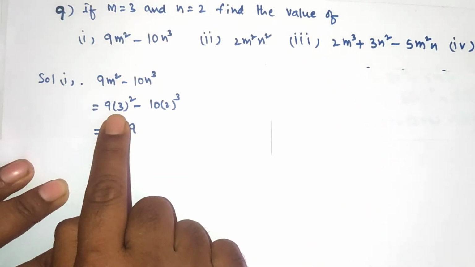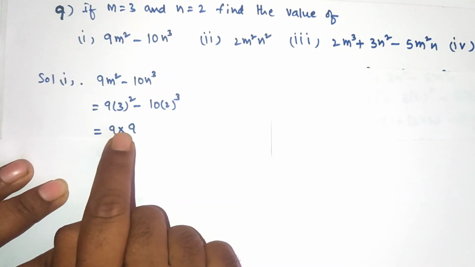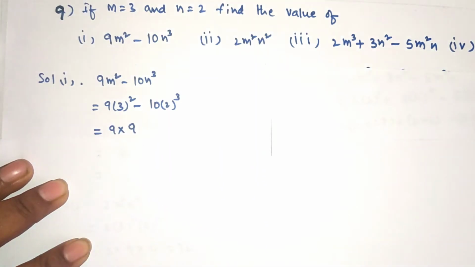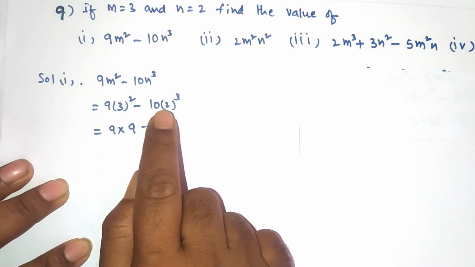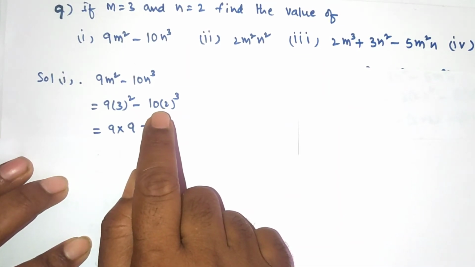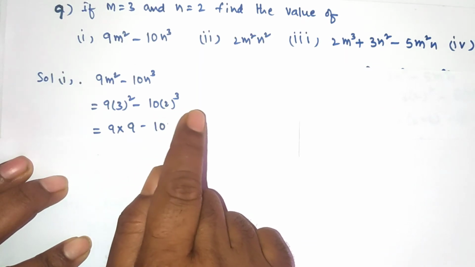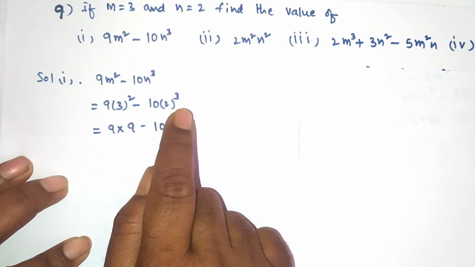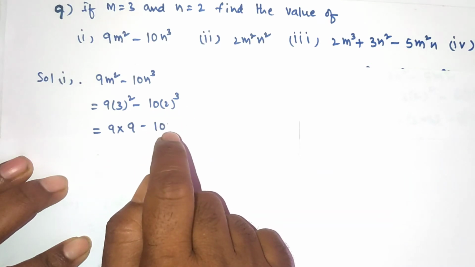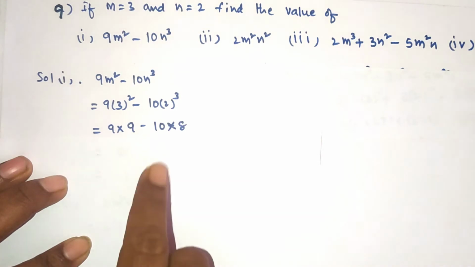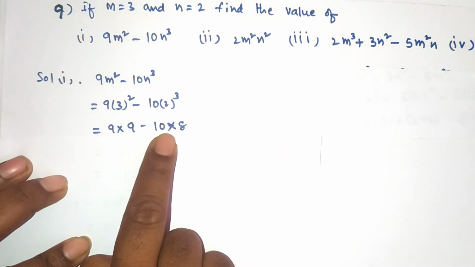Since 3 square is equal to 3 into 3, we have written 9 here because 3 into 3 is 9. What is the value of 2 cube? Here 2 cube is equal to 2 into 2 into 2. 2 into 2 is 4, 4 into 2 is 8. So we have to write 8 here. So we have written 10 into 8 here.